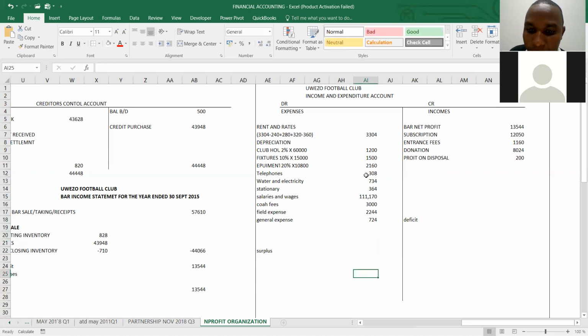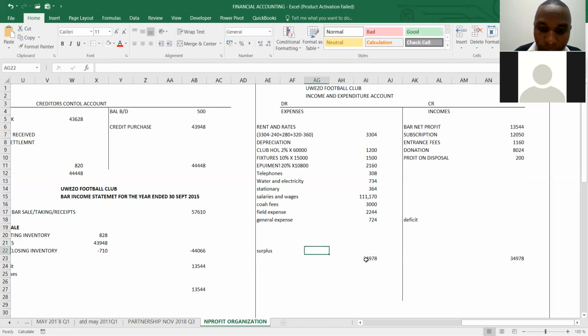Add for me the debit side, I add the credit side. 10,544 plus 12,5... 26,708. Me, I'm getting 4,978. So meaning the credit balance is more than the debit. So here we have 34,978. So the balancing figure will be a surplus.